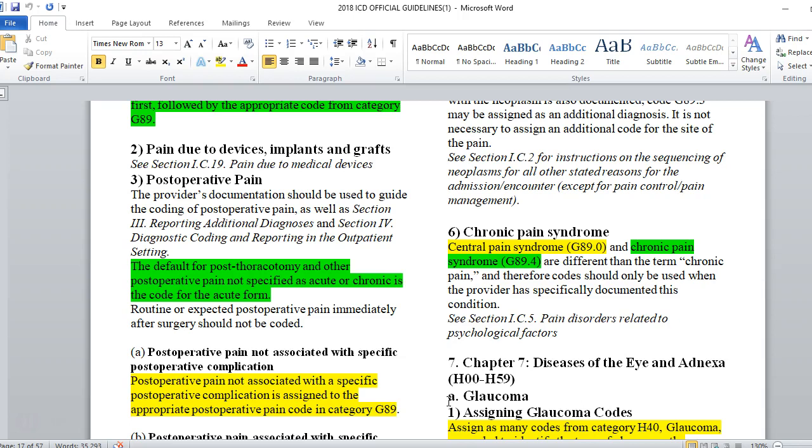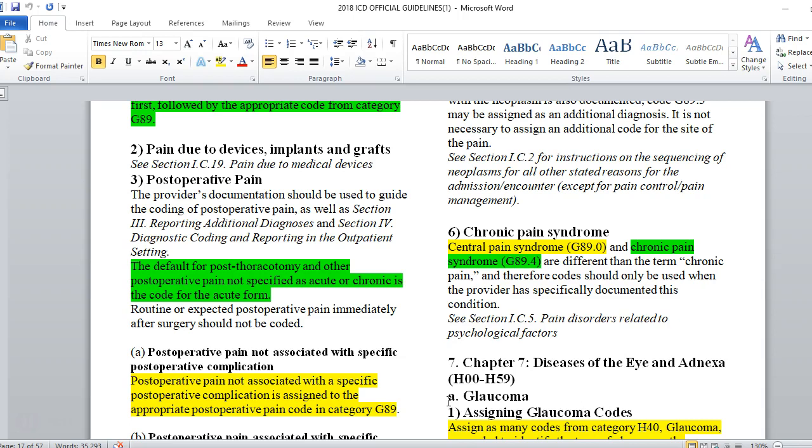So for instance, when someone gets their gallbladder out, the surgeon tells them it's going to take about 7 days for you to feel back to normal. You're going to feel some discomfort after that point, but you shouldn't feel any pain. And it does take just about 7 days. So any of the pain the patient's feeling in general is routine and expected.